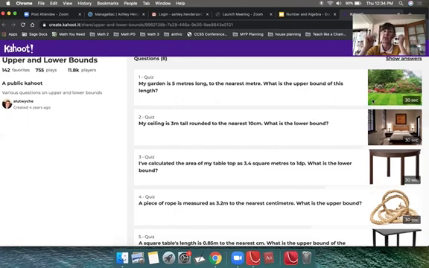In this case, the person says my garden is 5 meters long to the nearest meter. So somebody else could have got a 4, or a 6.